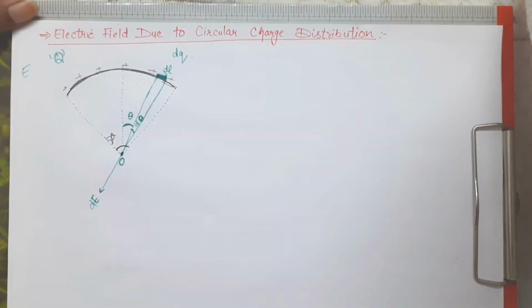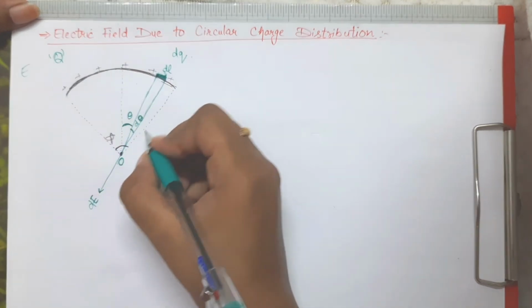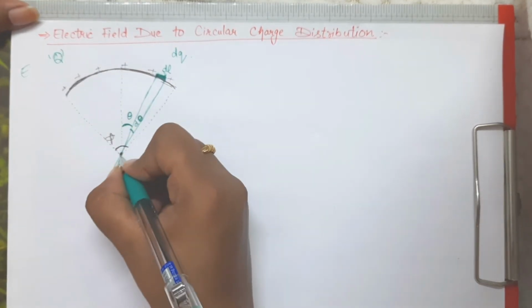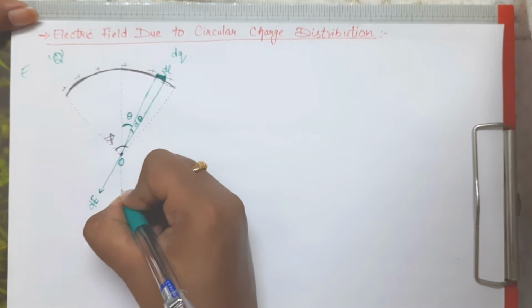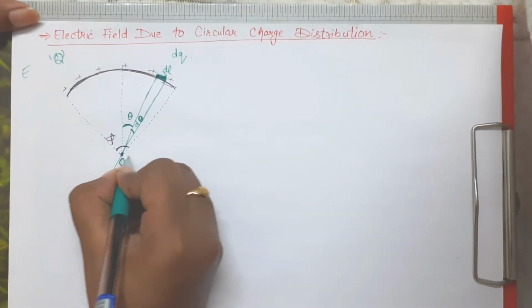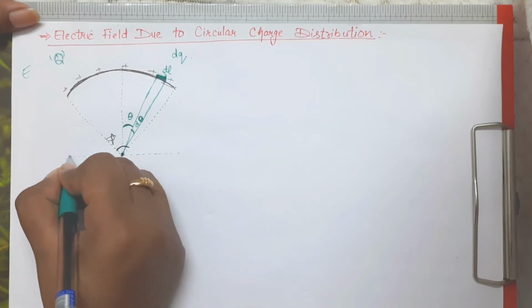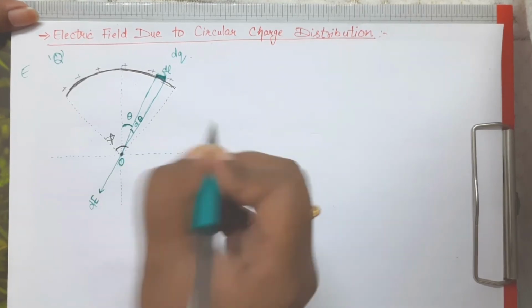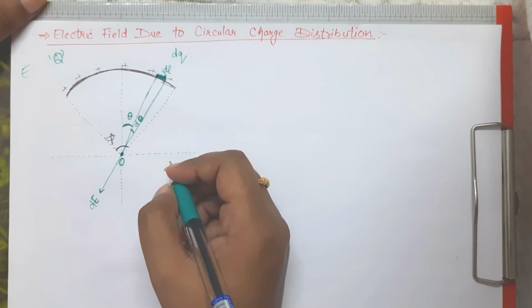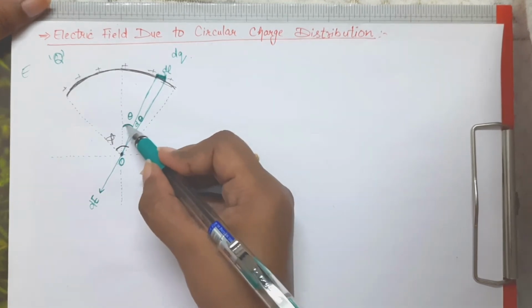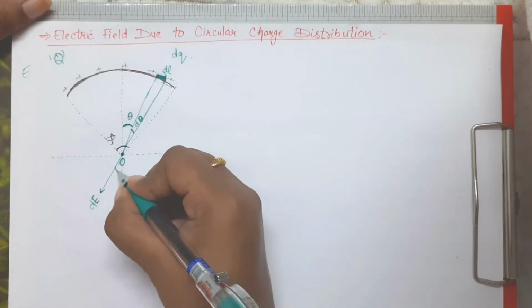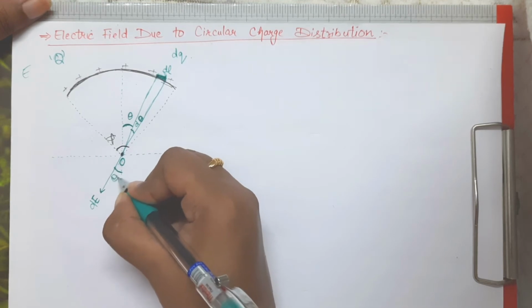Now what will happen? I will extrapolate this vertical line also, and I will make a horizontal line here also. Now if this is angle of theta, then this will also be theta, because these are vertically opposite angles.